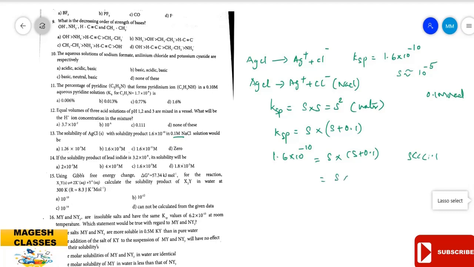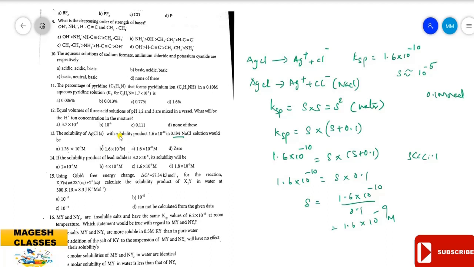So 1.6 into 10 power minus 10 is equal to S into 0.1. So S in the case of sodium chloride will be 1.6 into 10 power minus 10 divided by 0.1. This is equal to 1.6 into 10 power minus 9 M. Your answer is 1.6 into 10 power minus 9 M.